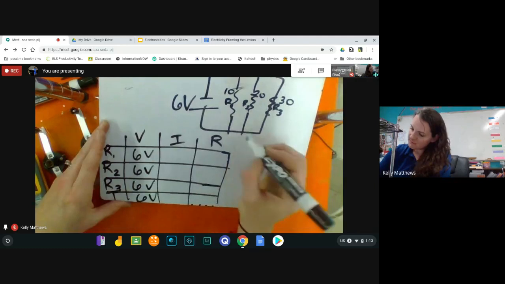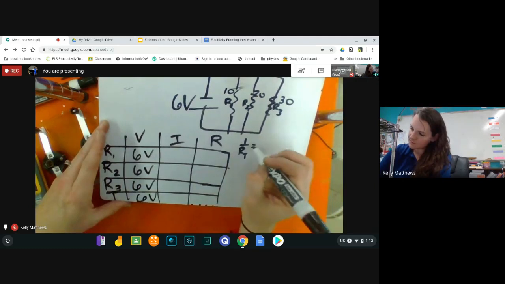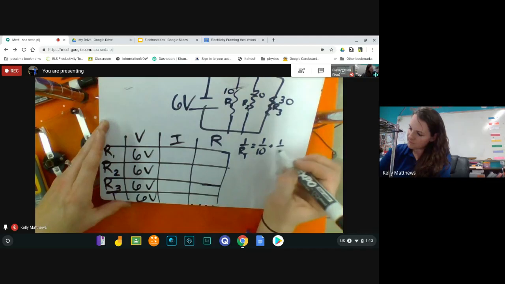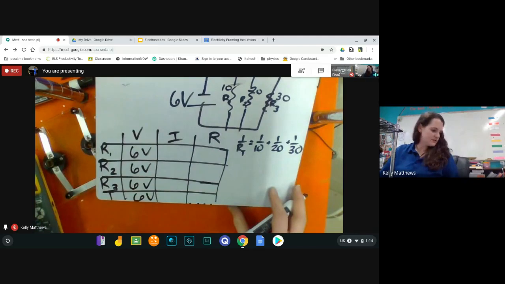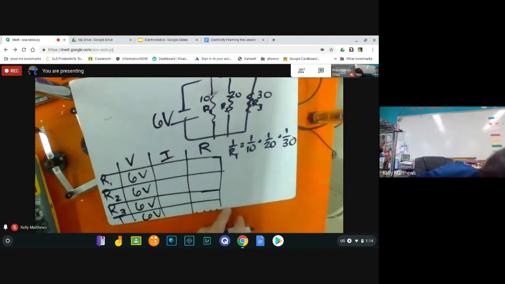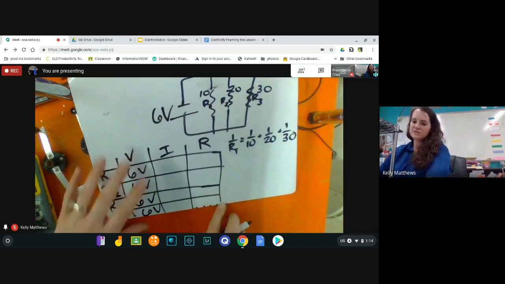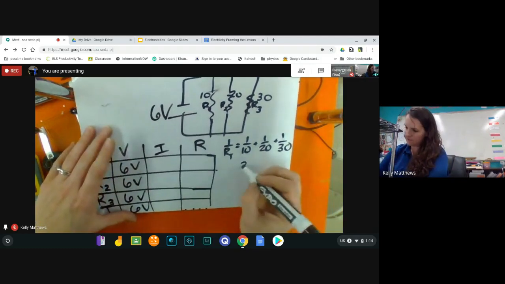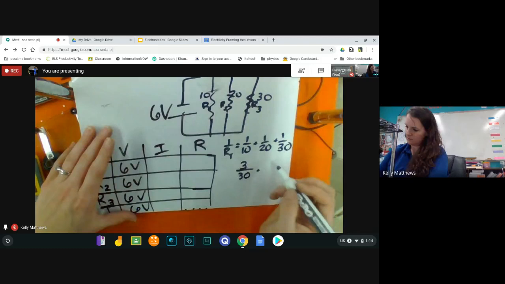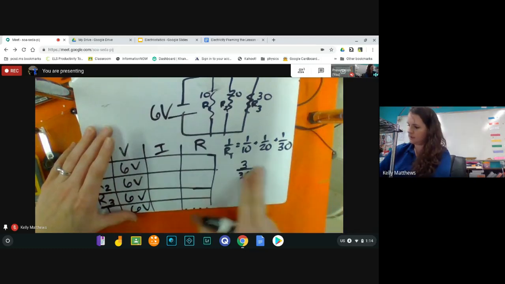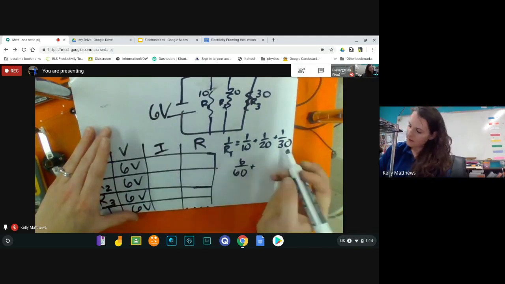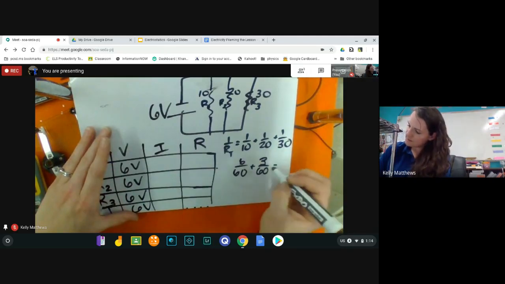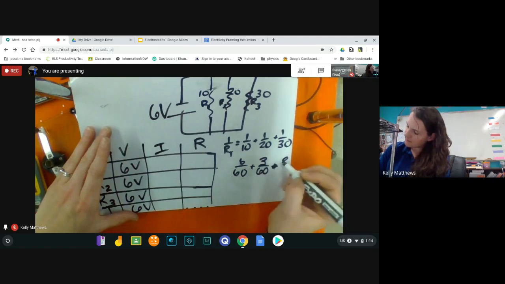So 1 over the total resistance equals 1 over 10 plus 1 over 20 plus 1 over 30. And so maybe these are a little nicer to do our fractions with. Well, no, we're going to use 60 to deal with that 20 there. So 6 over 60 and 3 over 60 and 2 over 60.